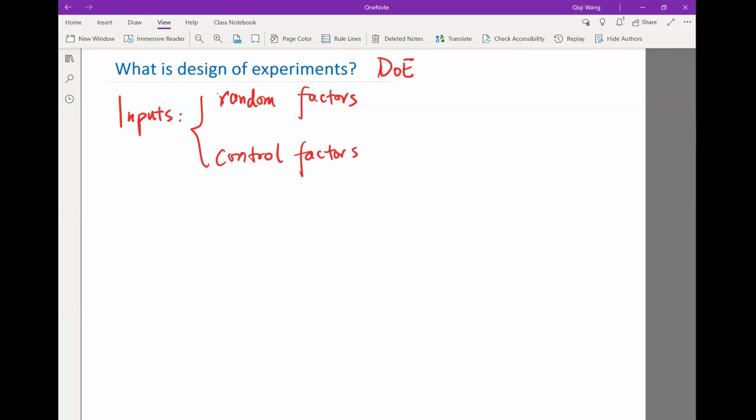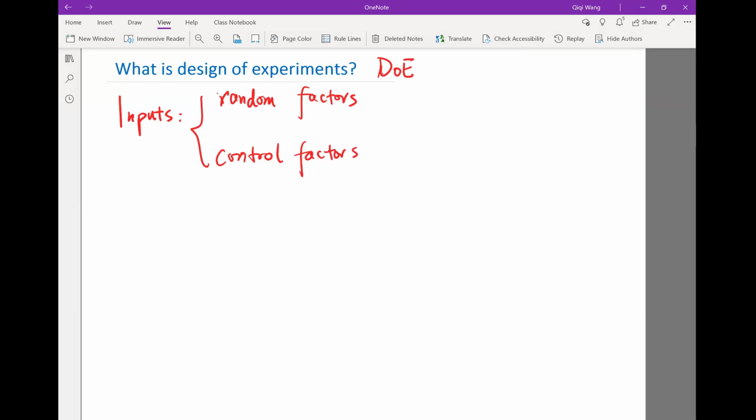Is it going to satisfy the criterion of the design? So these are the outputs, and it's not very interesting to figure out how the output varies randomly, but it is important to figure out how the output varies as I change the control factors.